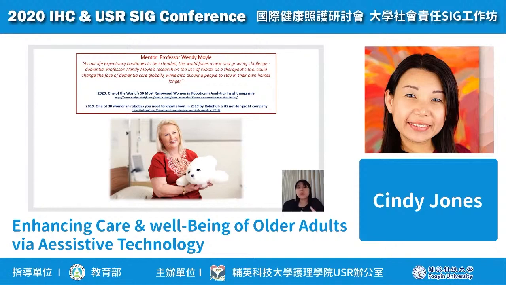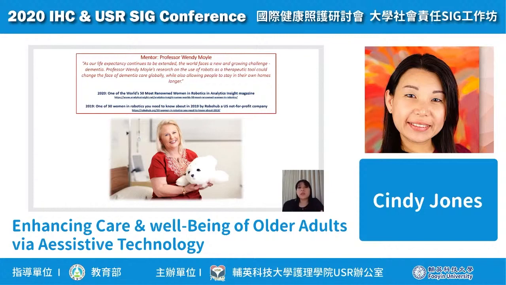I was very fortunate to have Wendy as my mentor. She leads research in robotics in aged care and dementia care, and I was very fortunate to be part of her research team and establish myself over the years in research relating to aged care and dementia care.